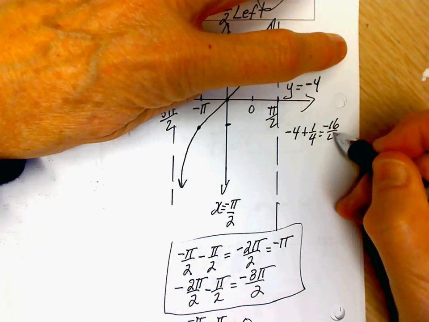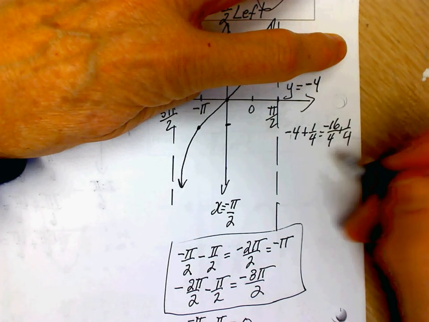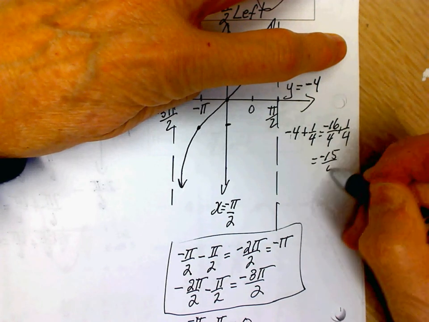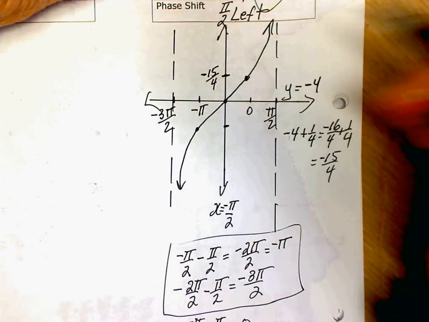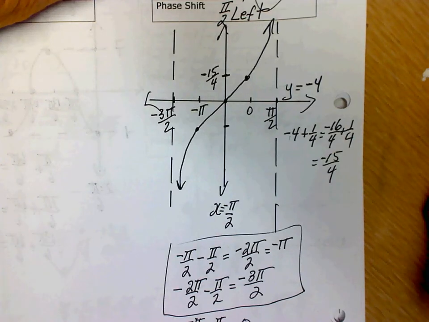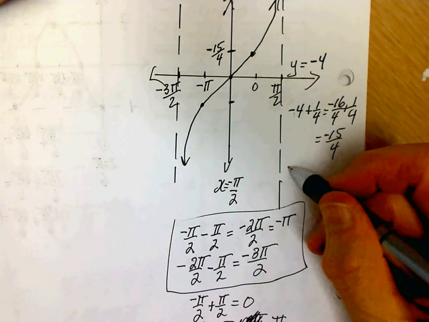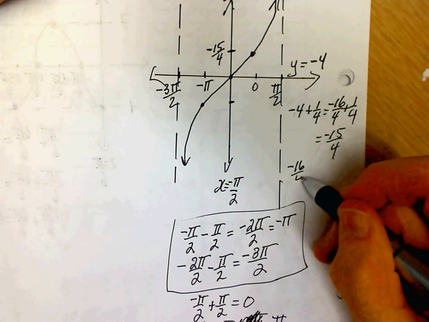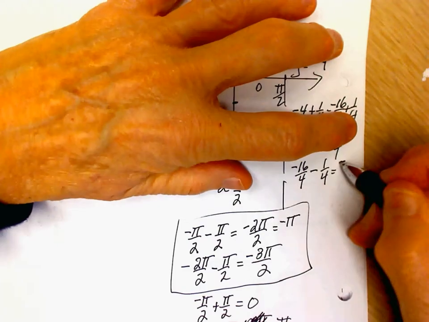We need a common denominator, plus a quarter equals -15 over 4. So this is -15 over 4. So here we're going to have to subtract a quarter. -16 over 4 minus 1 over 4 equals -17 over 4.